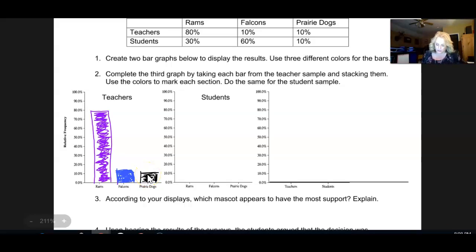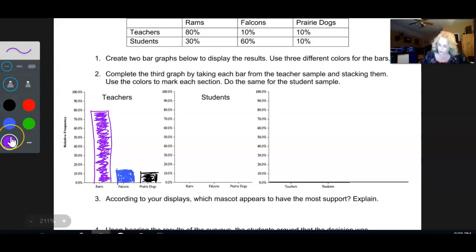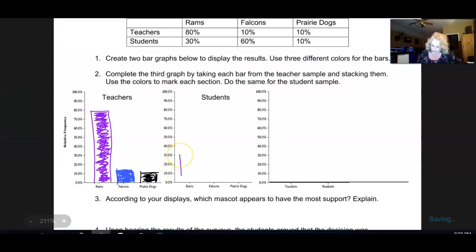Now we're going to do the students. So for Rams, we'll go with purple. Since we used purple on the Rams over here, 30% of the students said Rams. So we're going to do 30% for Rams. Okay.